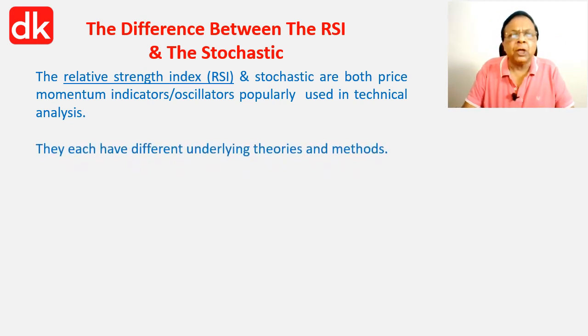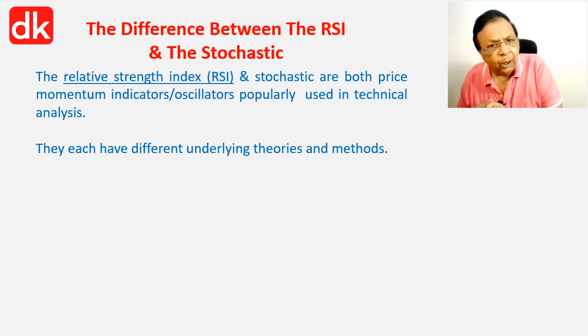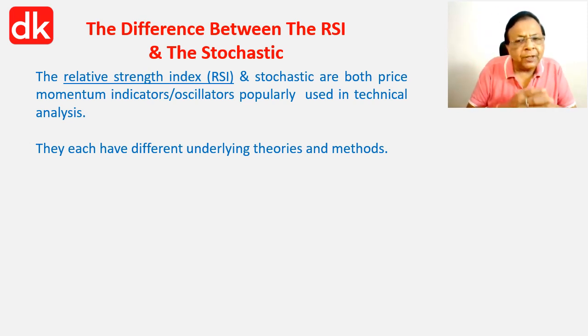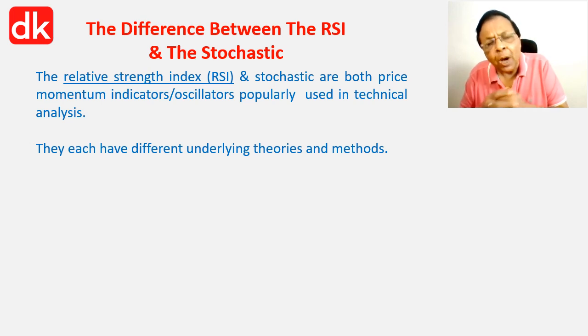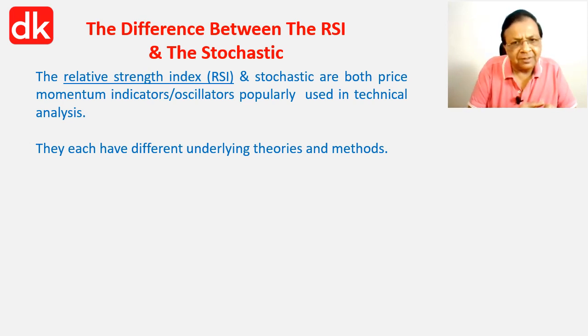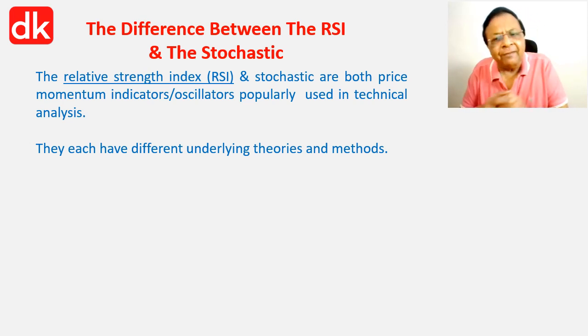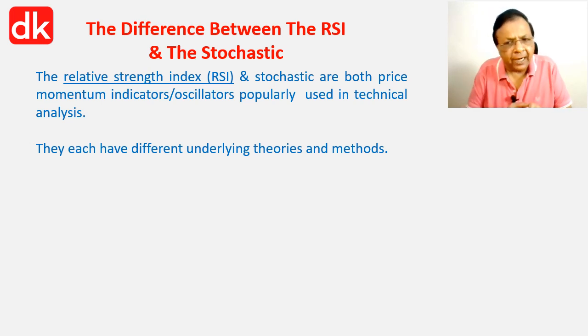Now it's very important to understand both are momentum indicators, but they use different underlying theories to arrive at their values. The methods of arriving at the values are totally different, and hence RSI measures one more aspect which stochastic doesn't.